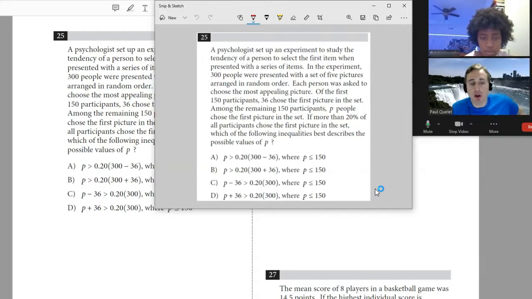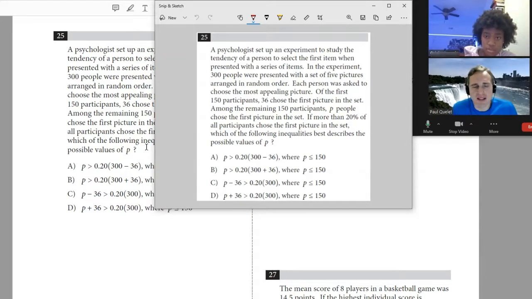Now, to get the total number of people that chose the first picture, do we subtract 36 from the P, or do we add 36 to the P? Well, it still has to do with the 36, because if P is 0, then we don't have 60 people. If P is 24, we're just below the right number of people.